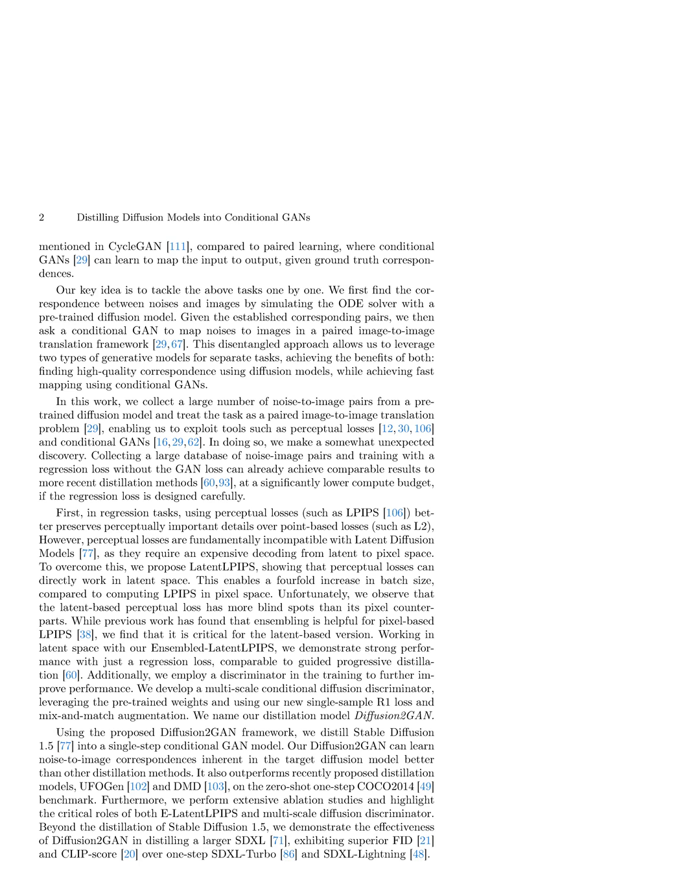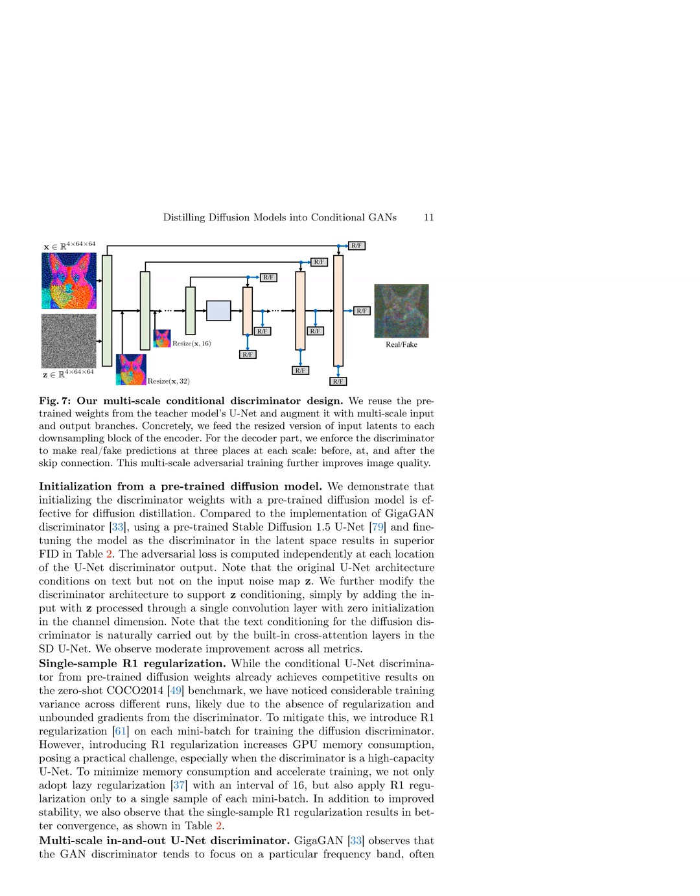The method introduces innovative components such as the ensembled latent LPIPS for latent space distillation and a multi-scale conditional diffusion discriminator, leading to better convergence and enhanced image quality. 5. Superior performance in distillation. Diffusion2GAN outperforms other distillation models like UFOGen, MD-UFOGen, DMD, and ADD, showcasing its ability to closely follow the original trajectory of the teacher diffusion model and maintain high visual quality.